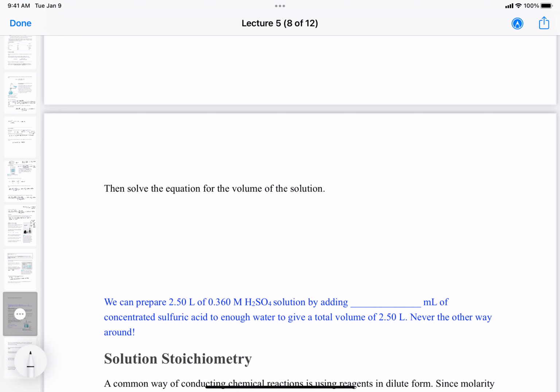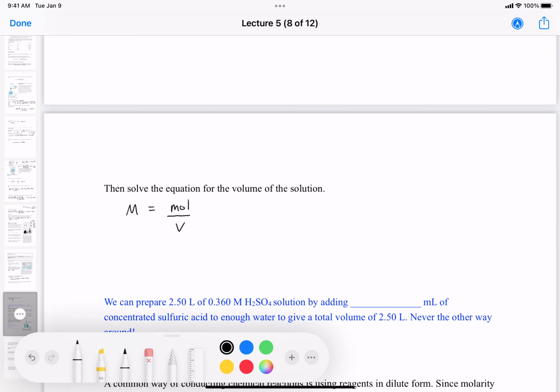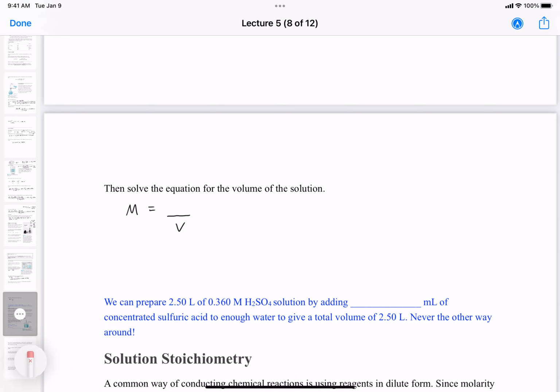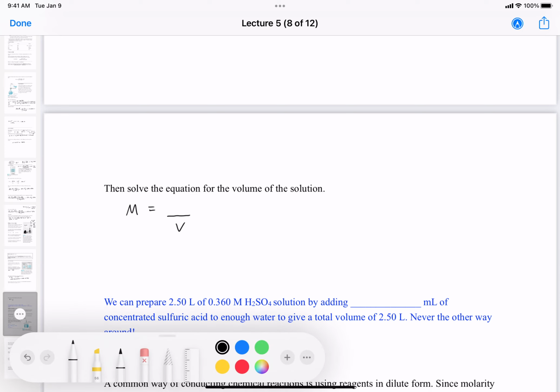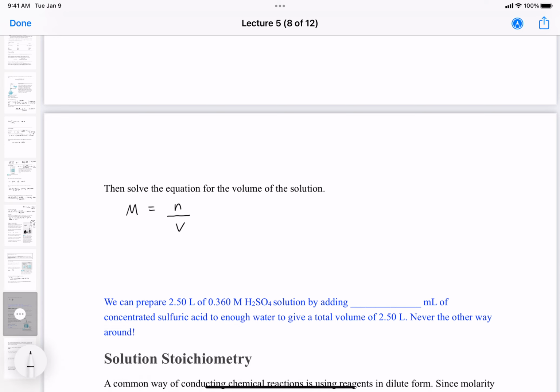We know that molarity equals N over V. We know the molarity of concentrated sulfuric acid is 18 molar, so M equals 18.0 molar.